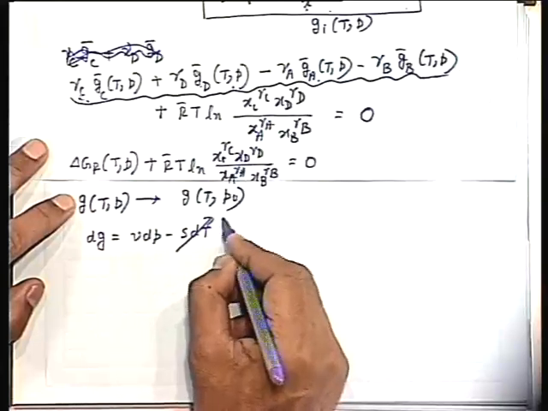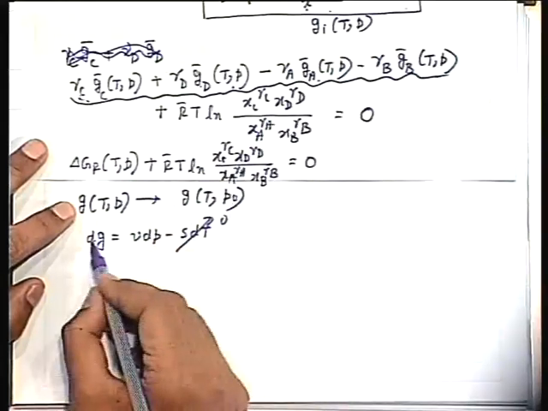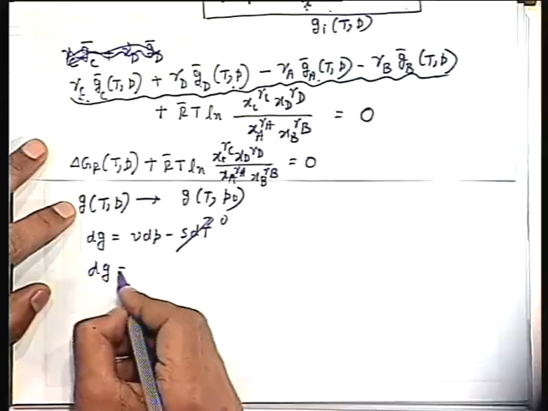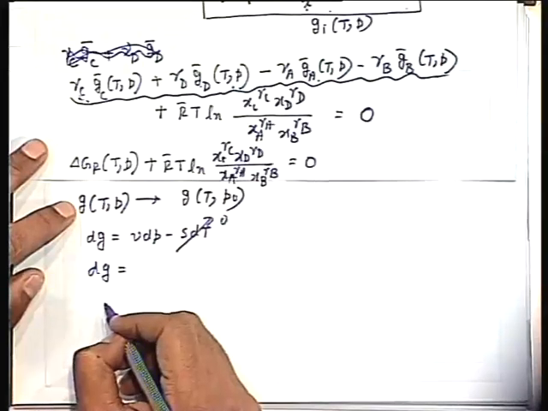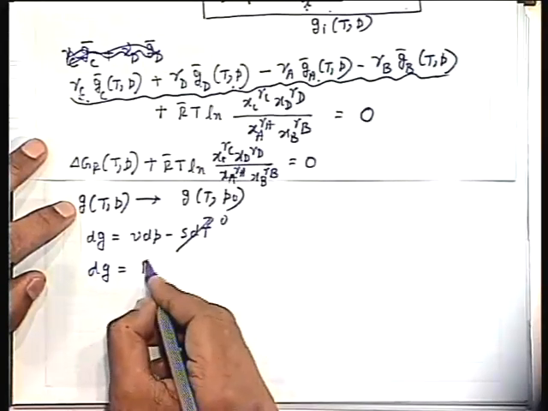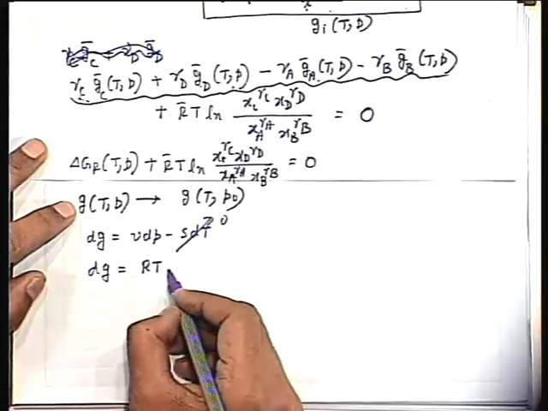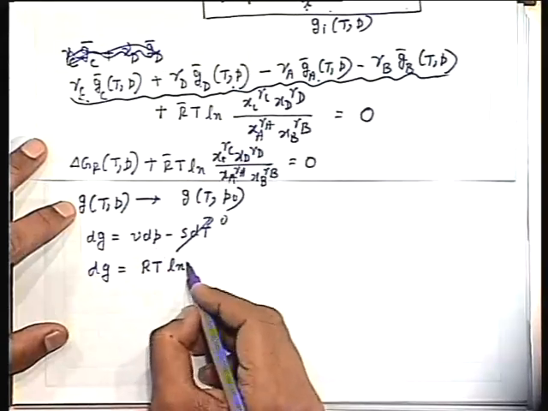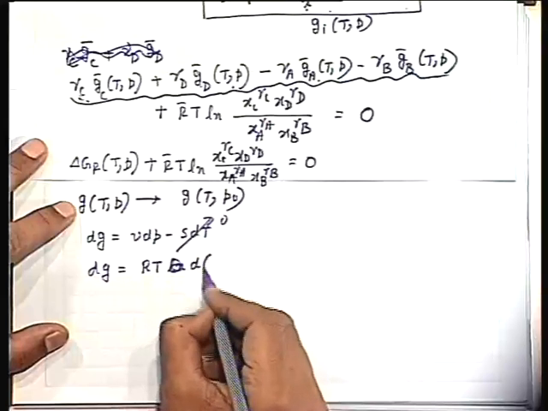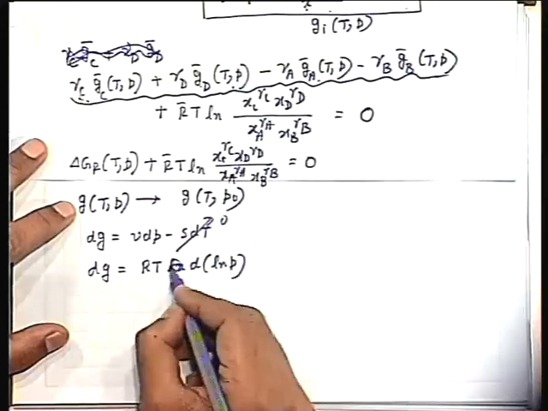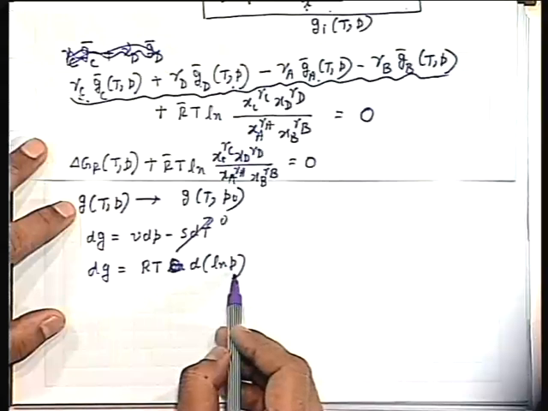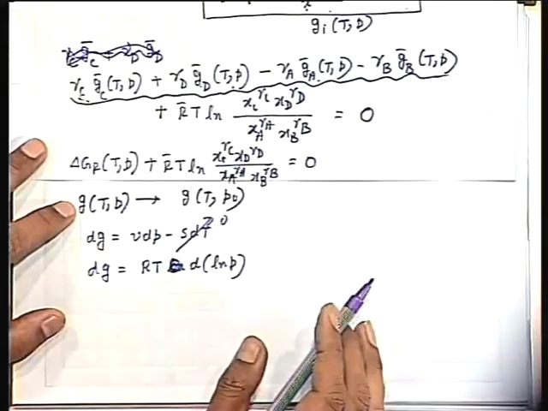At constant temperature I update pressure, V dP, and for an ideal gas dG is equal to, what is V dP? V is RT by P, so RT dP by P, which I can write as RT d of ln P. dP by P is the differential of ln P. This is the technique of writing these things.